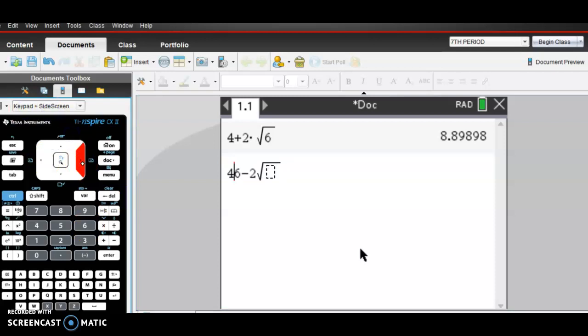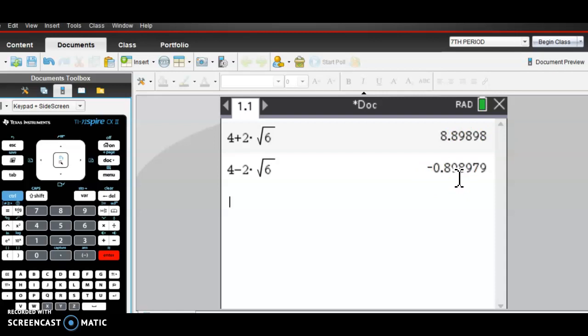My computer is acting very odd. There we go. This equation is going to have a root at 8.89 repeating and negative 0.89 repeating.